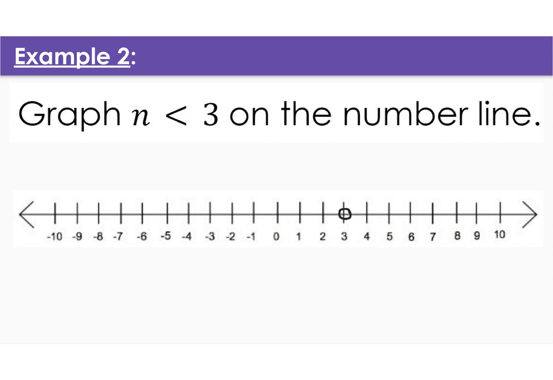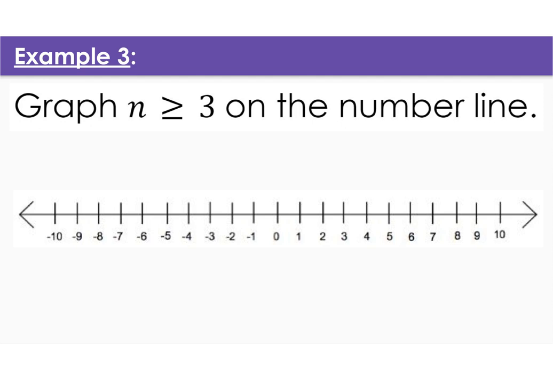If n is less than 3, what values make this true? So for instance, 1 is less than 3. Is that true? Then I need to go in that direction towards the 1. And I will draw an arrow in that direction, because the solution can be any of those numbers on the number line.